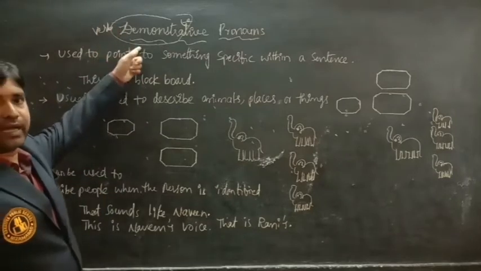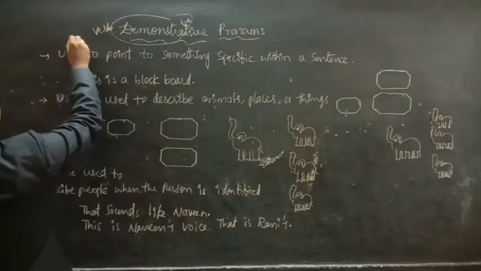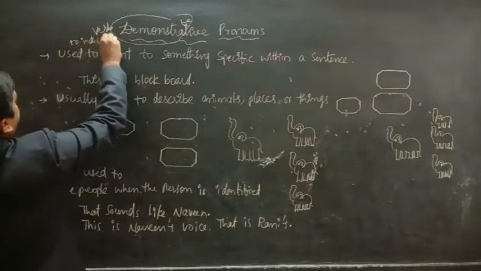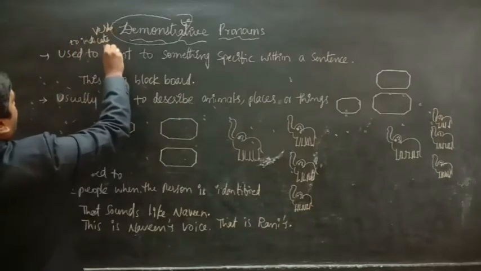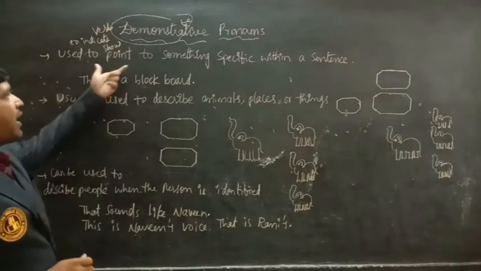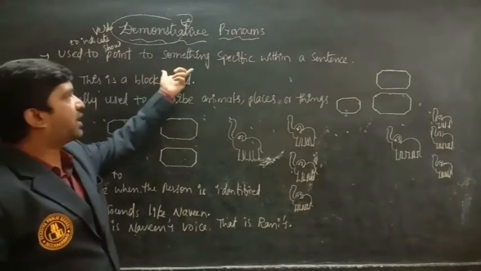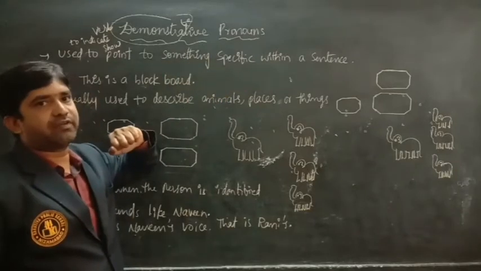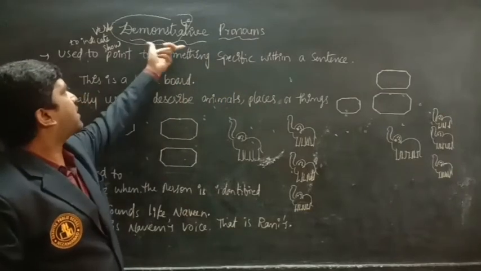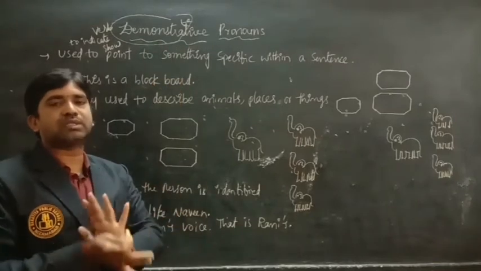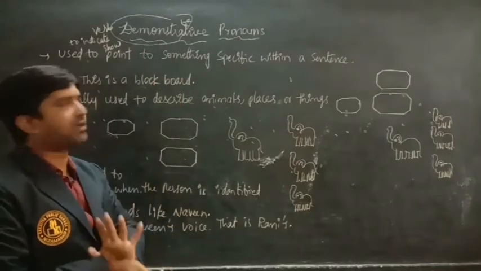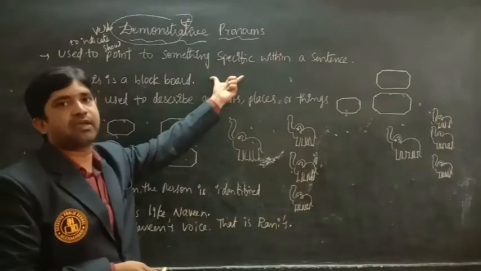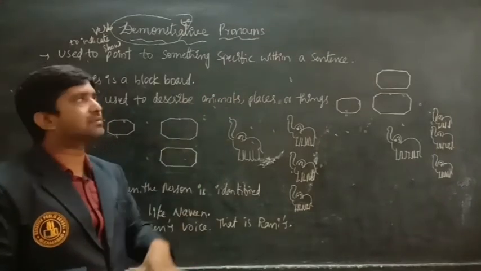It means to indicate or show or point something which is specific. Demonstrative means which shows you something, points you something, or indicates you something specific within the sentence.